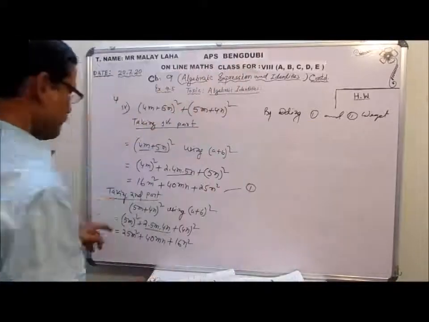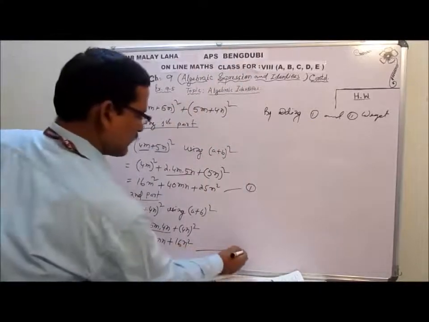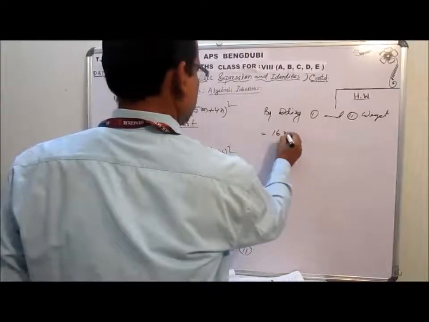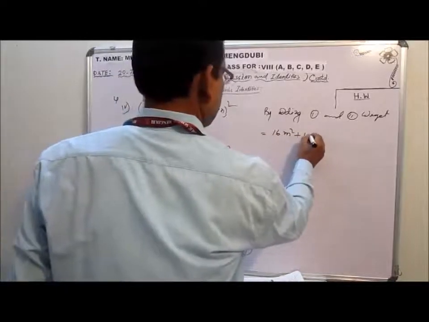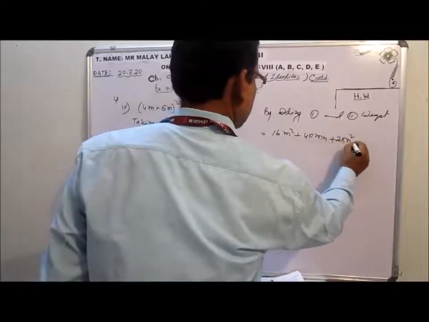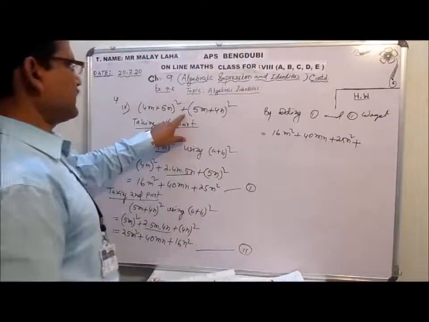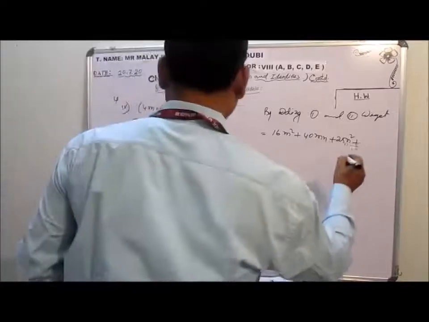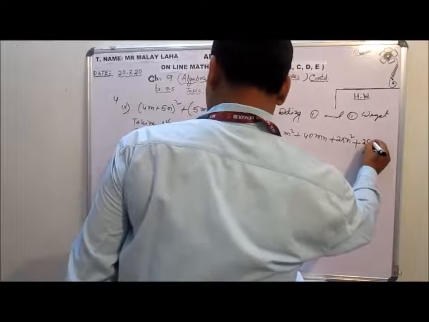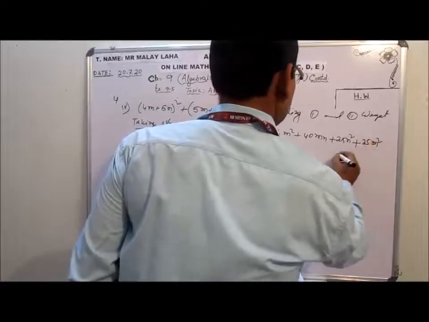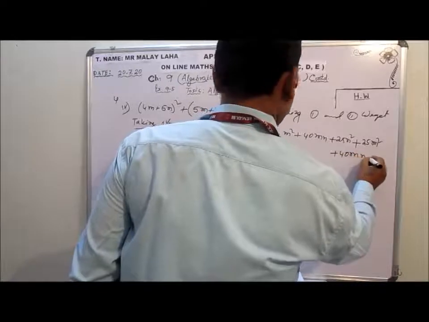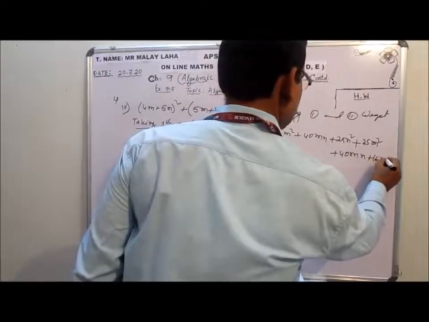Now by adding 1 and 2, the same way, by adding first part and second part. So first part is what? 16m square plus 40mn plus 25n square plus, because a plus sign is there, plus. Okay? Then it will be 25m square plus 40mn plus 16n square.